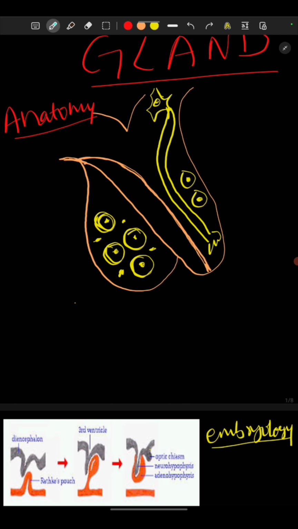The gland has two parts, the anterior lobe and the posterior lobe, and it also has an intermediate lobe, but it is rudimentary in humans. The posterior lobe is also called the neurohypophysis because it is an extension of the hypothalamus.